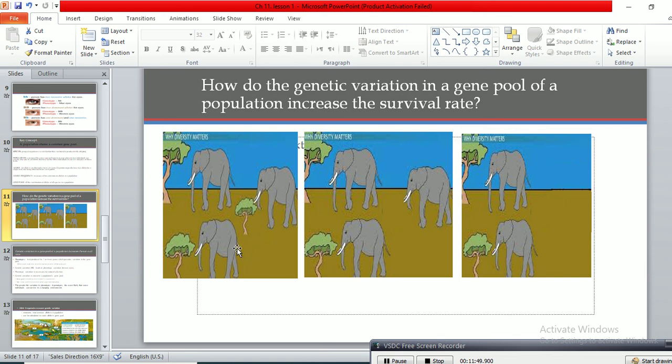For some reason, the short trees don't exist anymore. In this case, the elephant with the short trunk will have to compete with the medium-sized if it can reach them, but it never will reach the long trees. These short-trunk elephants have no more than two options.